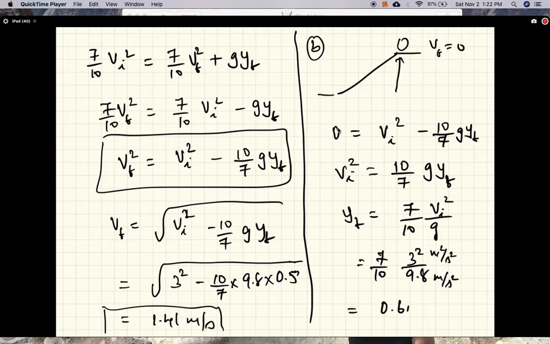This works out to 0.64 meters. So that's the highest it can climb. So of course it won't be able to get up on a 1 meter ramp. That answers that question. So the answer is no. It will not climb up a 1 meter ramp. Okay, that finishes this problem.